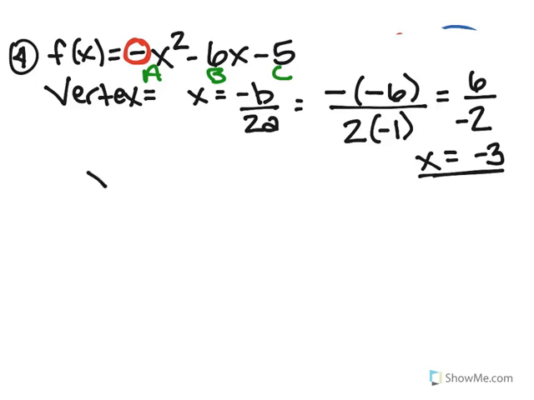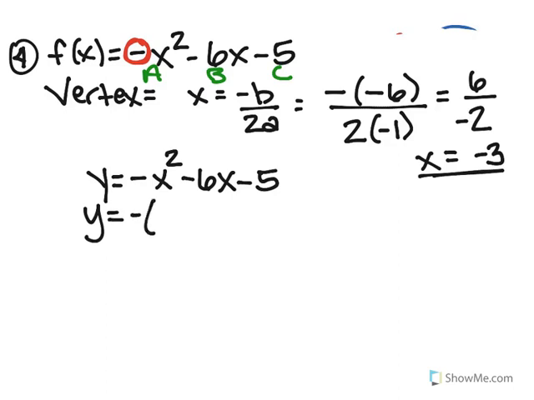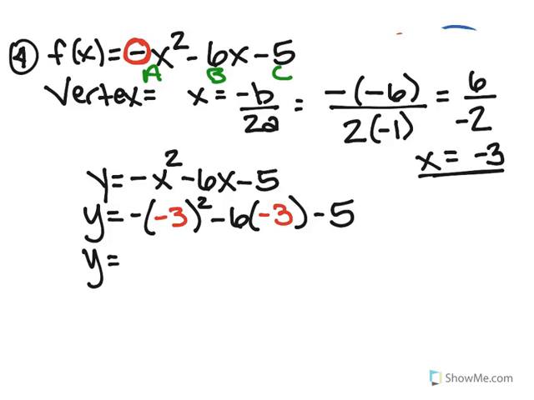Now to find y of that vertex, you're going to take negative 3 and you're going to plug it in for x. And you see, I like putting it in parentheses. And so, watch your order of operations.